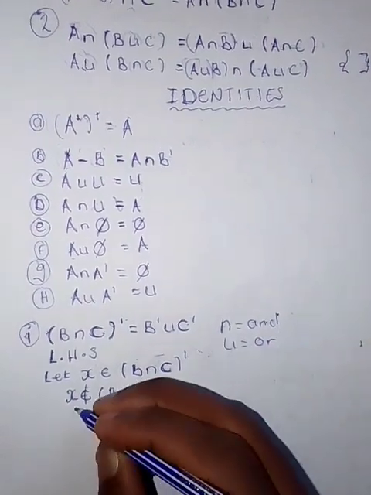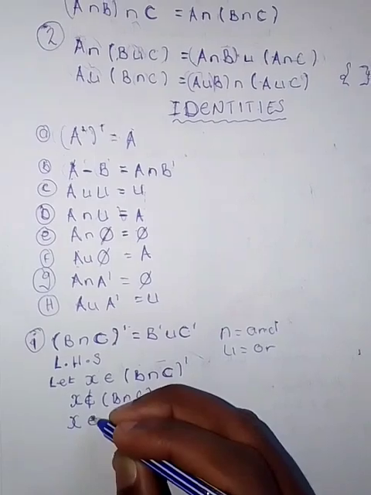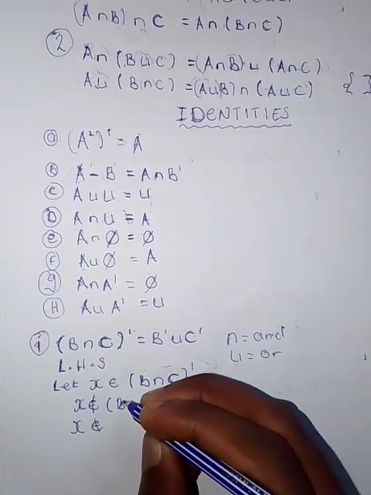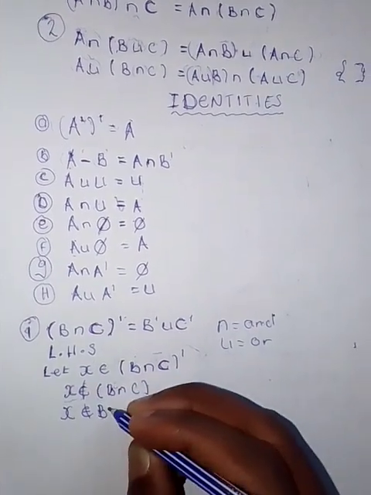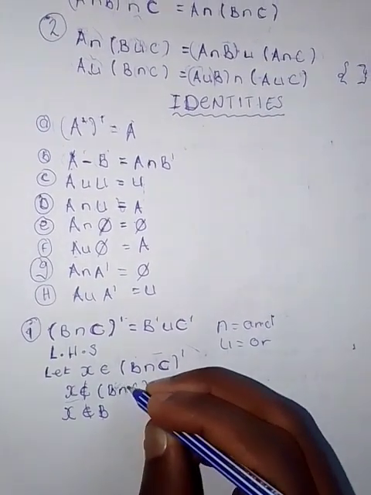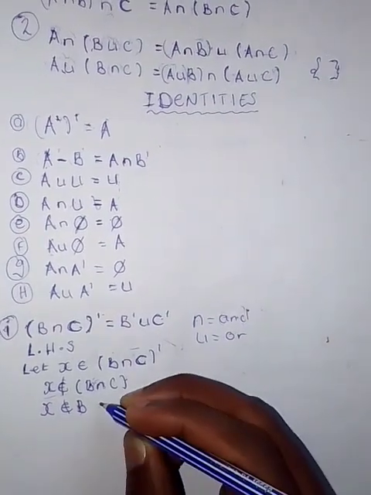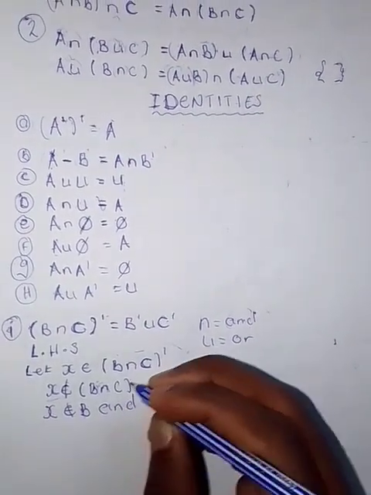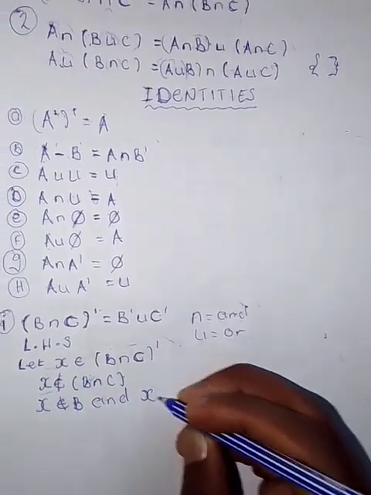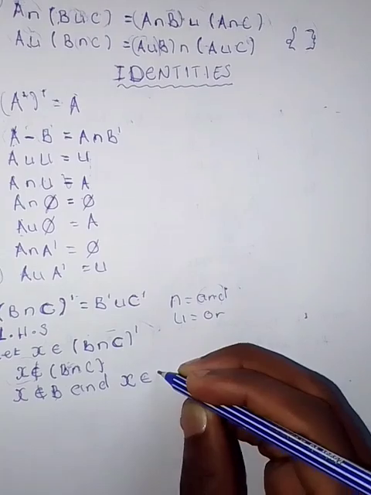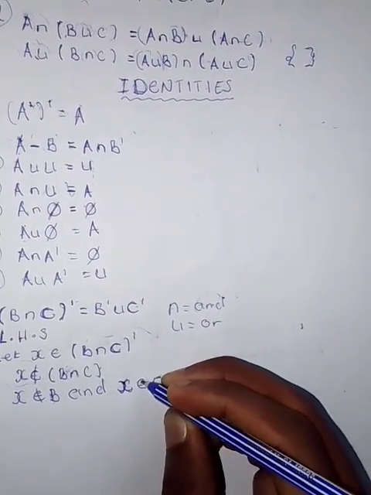So let's say x not a member of B. When you multiply this with this B, then you separate by what is inside, meaning that we are going to have AND. Then if we multiply this with C, we are going to have x not being a member of C.